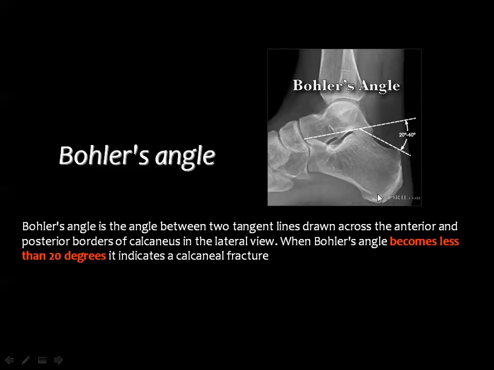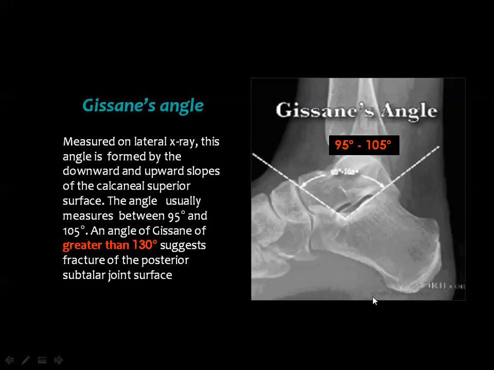If the calcaneus is fractured, it will be flattened and the angle will be decreased, and it becomes less than 20 degrees. Then if you draw two lines along the superior surface of the calcaneus and you measure the angle in between, this angle normally ranges between 95 and 105 degrees.